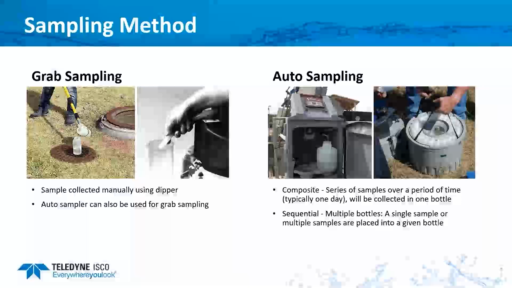Or we can have sequential sampling where multiple bottles are utilized, and each bottle can represent a specific interval of time over that sampling interval. For example, if you have a 24-bottle sampler, you can have it switch bottles every hour, and then every bottle 1 through 24 represents an individual hour over that 24-hour day.